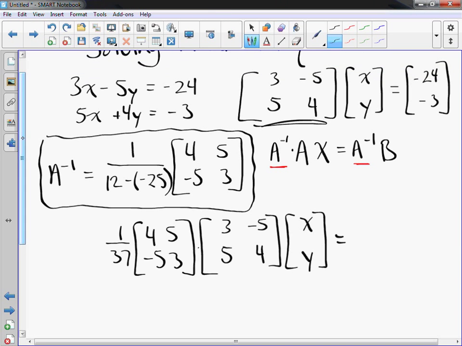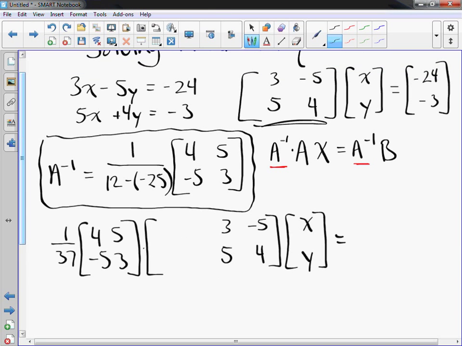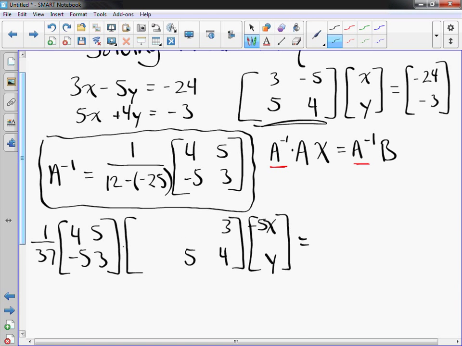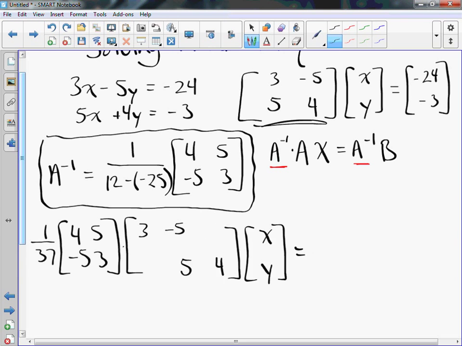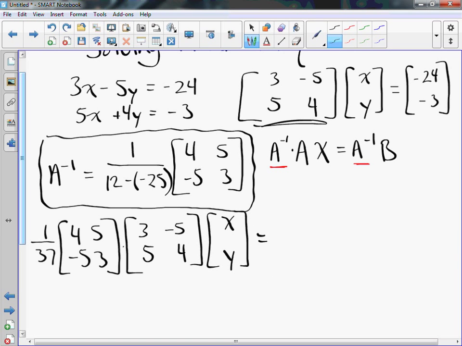and then I should have slid this all the way over. Let's see if I can slide it over here. There we go. Get it all lined up again.